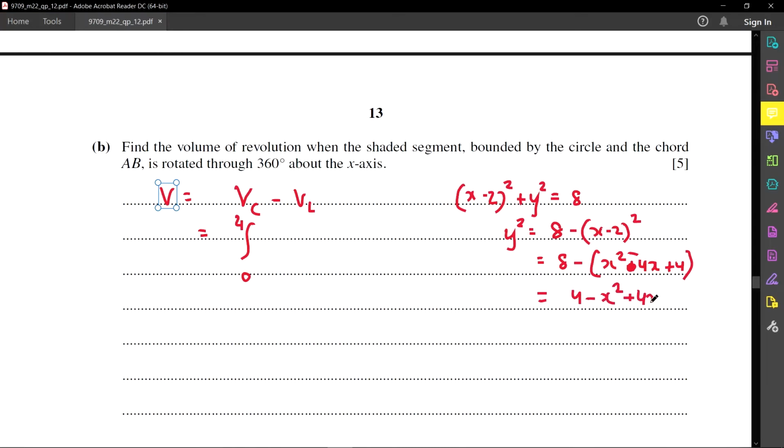That is the circle, and for the line we have y equal to 2. So from 0 to 4, pi y square dx. This is for the circle, and for the line here, from 0 to 4, pi, y is 2 here, so 2 square dx.